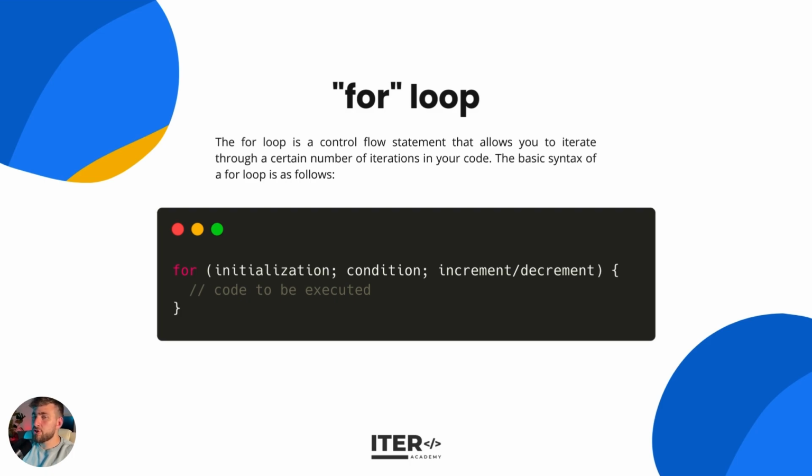The initialization section is where you set the initial value of your loop counter. The condition is where you set the condition for the loop to continue running. And the increment-decrement section is where you update the value of your loop counter.